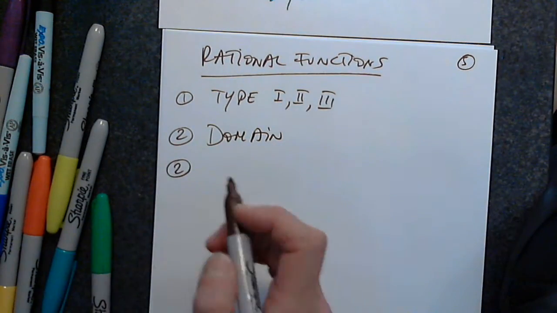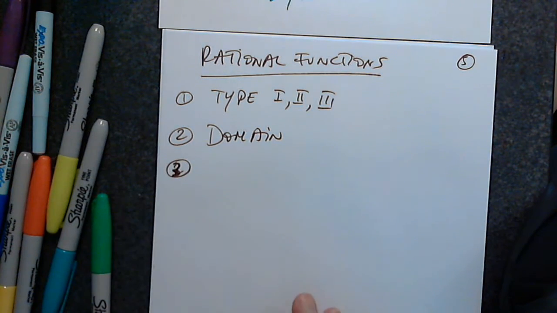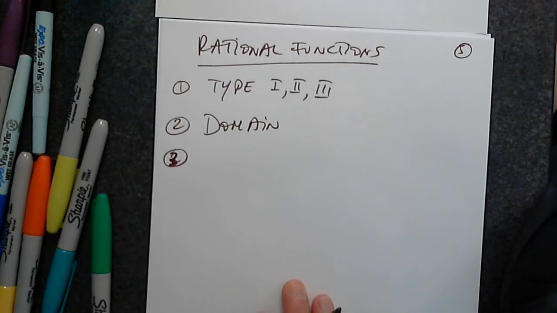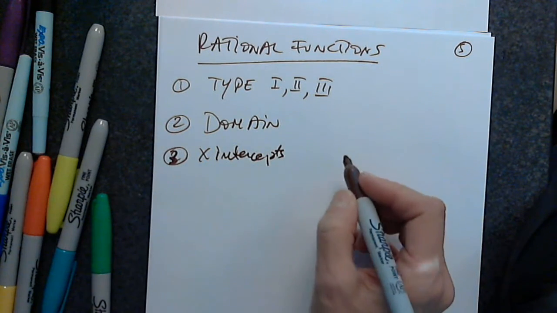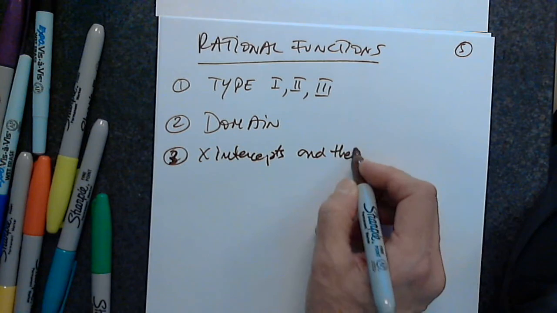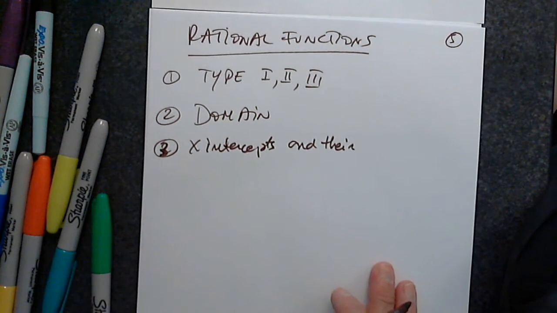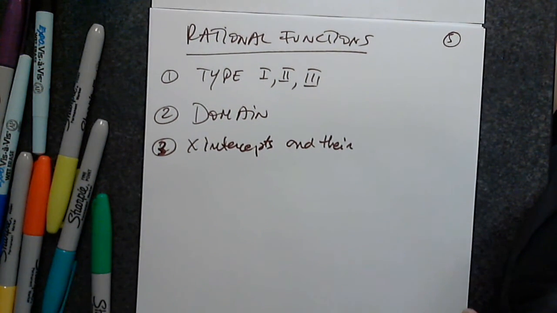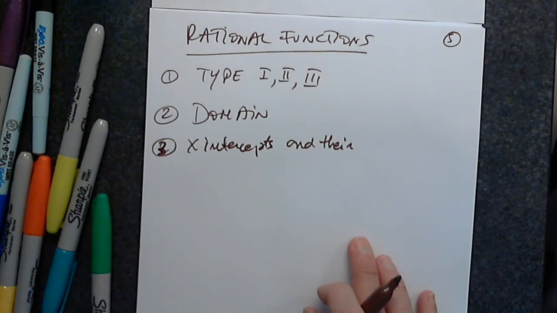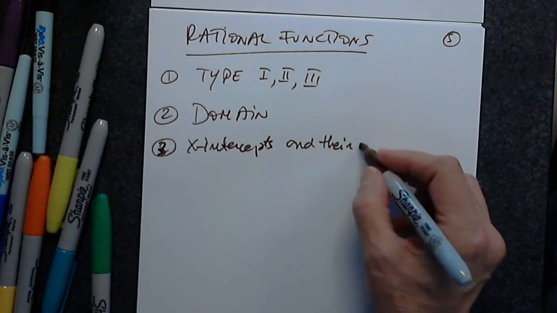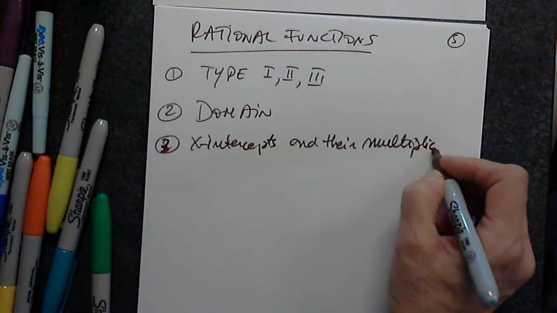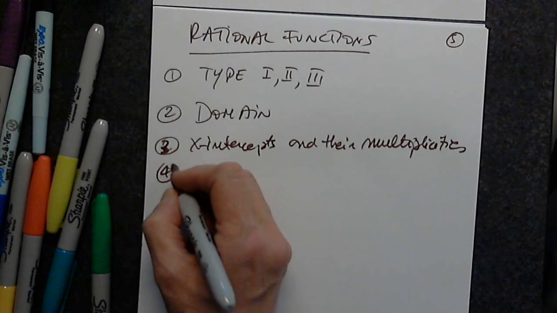Number 2. Oops, I meant number 3. X-intercept, and of course, end there what? What can X-intercepts have? Multiplicities. 4.